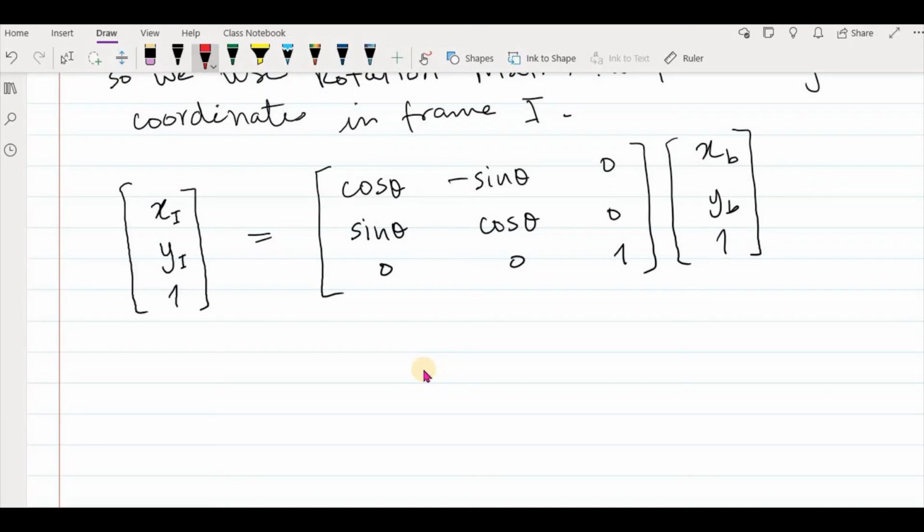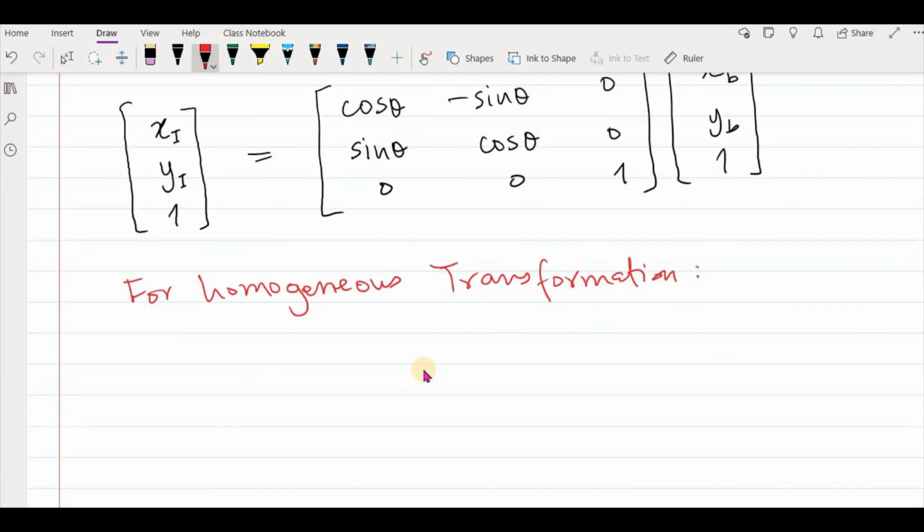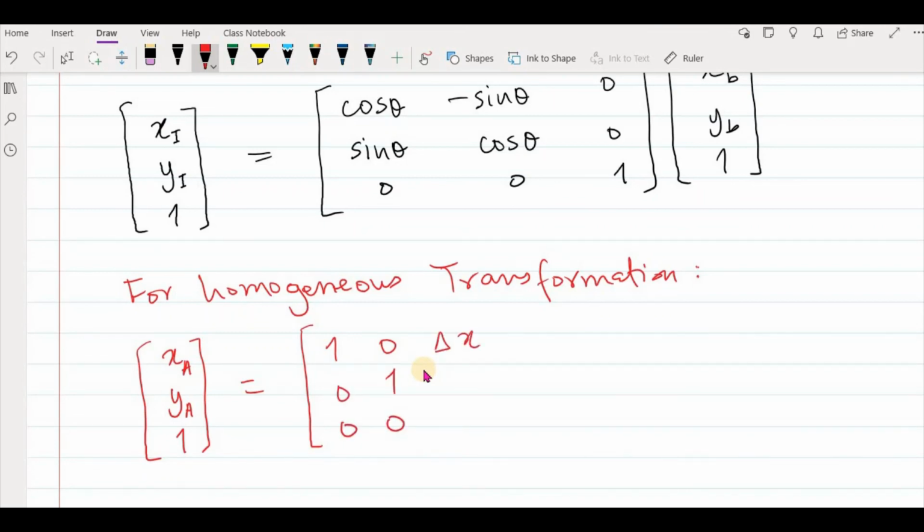And similarly, we can do it for homogeneous translation. We have a homogeneous coordinate vector, and then a homogeneous translation matrix: 1, 0, delta x, 0, 1, delta y, 0, 0, 1, times xi, yi and 1.